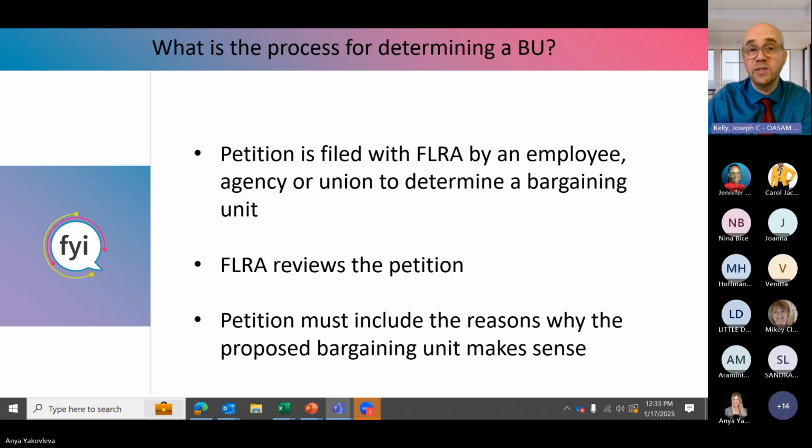Then the FLRA reviews the petition, and just like any petition, you need to set forth your case in the petition and include reasons why the proposed bargaining unit makes sense. And that's really what determining the bargaining unit comes down to, whether it makes sense to put all these employees together in the same bargaining unit to collectively bargain their terms and conditions of employment. Next slide, please.